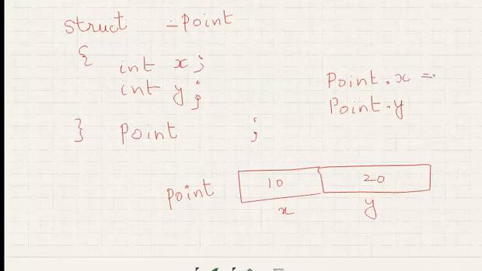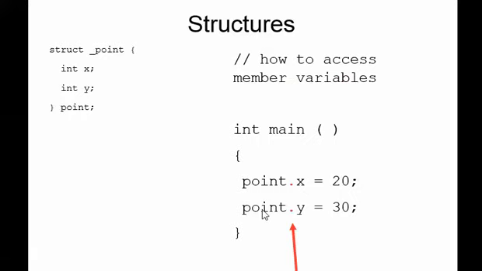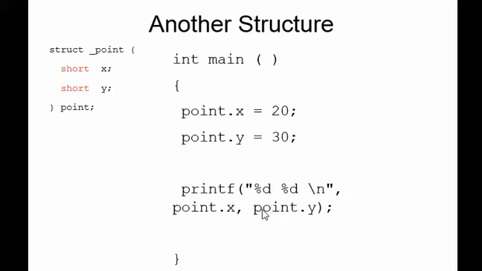Equal to 10, equal to 20. So automatically we'll assign the 10 to the member variable x and 20 to the member variable y. All right? And printing is also the same.